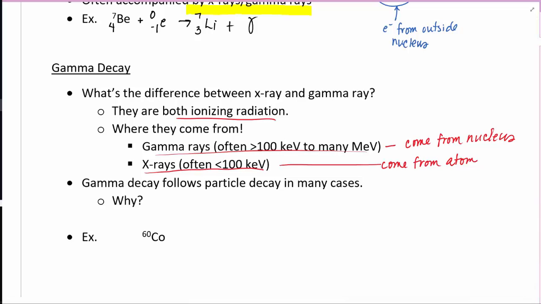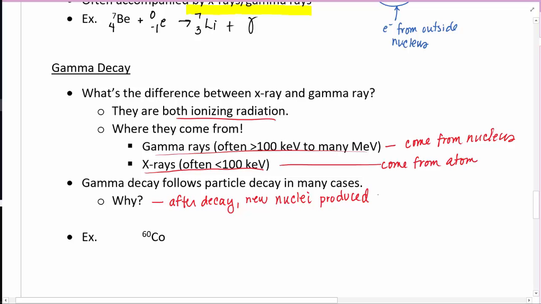Gamma decay, you'll notice, follows particle decay in many cases, and the question is why? It's really like after something decays, it's trying to get to a better energy state. But chances are that the new nucleus that's produced is not in an ideal energy state.